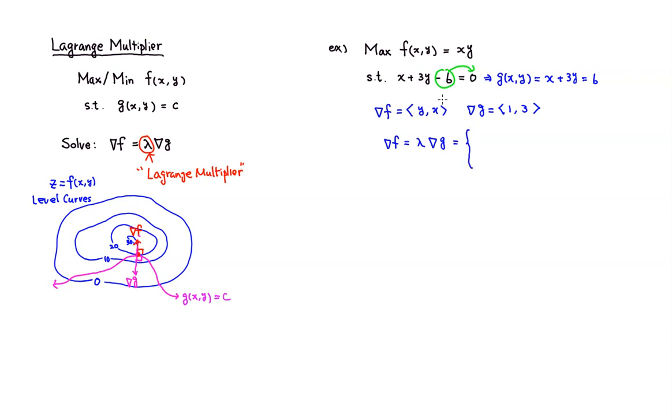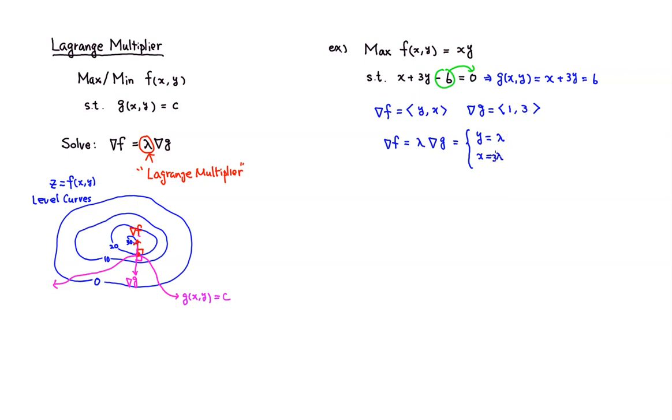The first component: y has to be equal to lambda times the first component of the gradient of g, which is just lambda. The second component of the gradient of f is x, which has to be equal to lambda times 3, so 3 lambda.